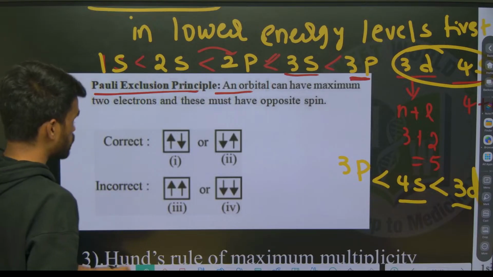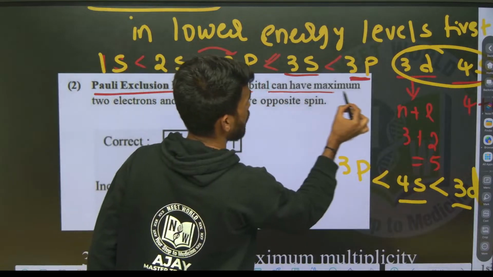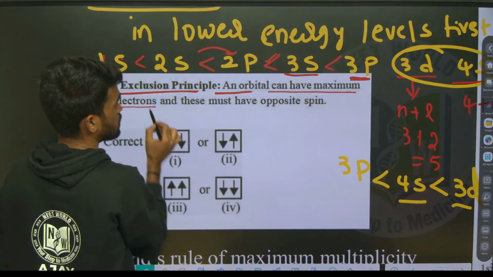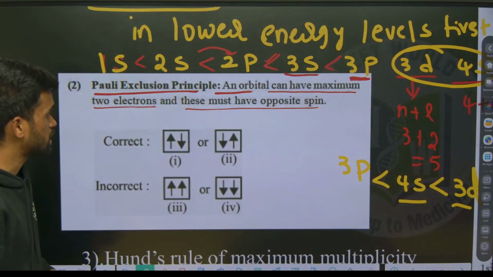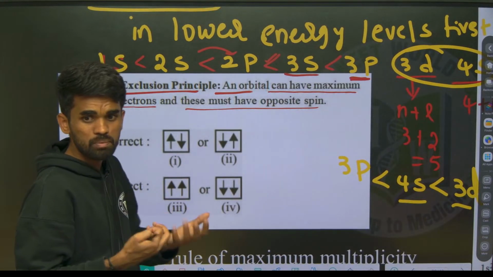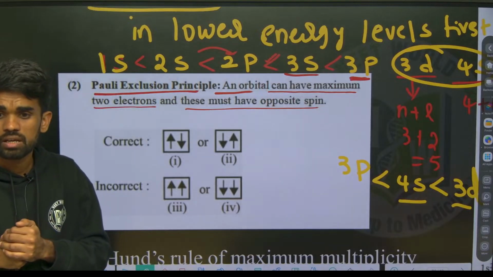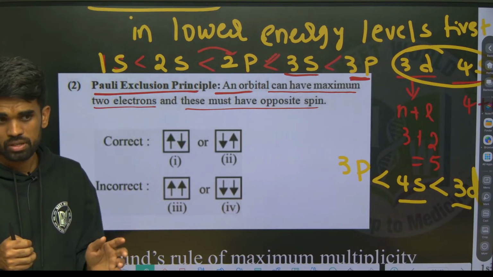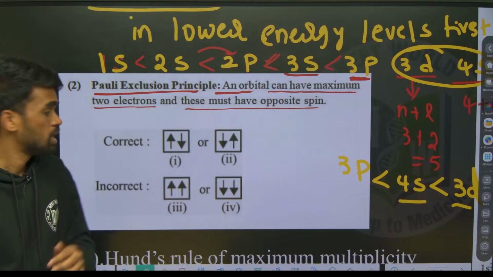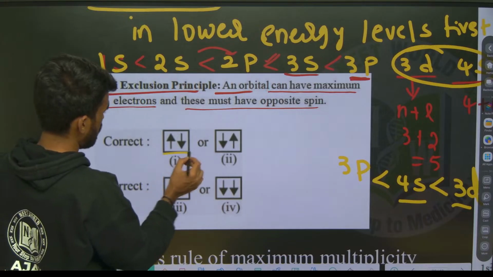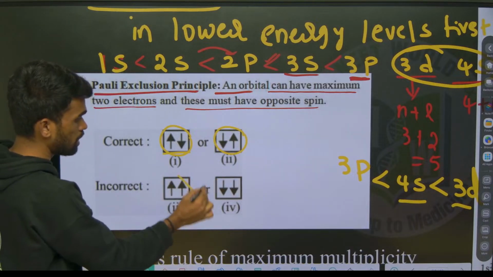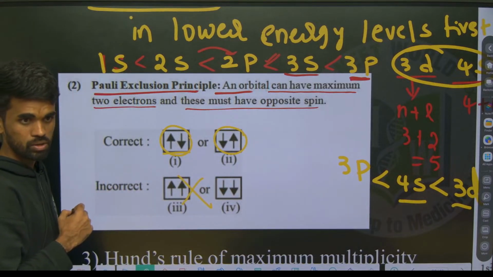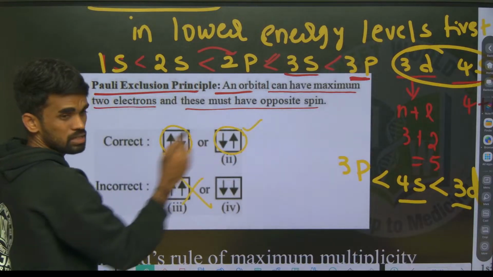An orbital can have a maximum of 2 electrons, and they must have opposite spin. If they have the same spin, their spin quantum number becomes the same, which should not happen. So you can fill either like this or like this, but not with the same spin. This is the incorrect way, and this is the perfect representation.